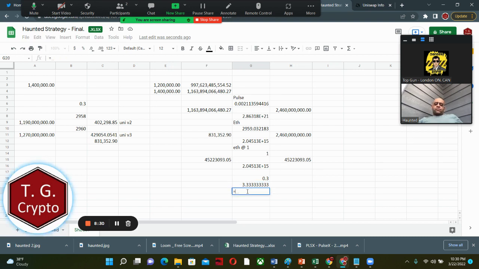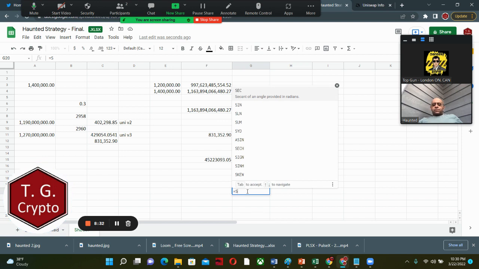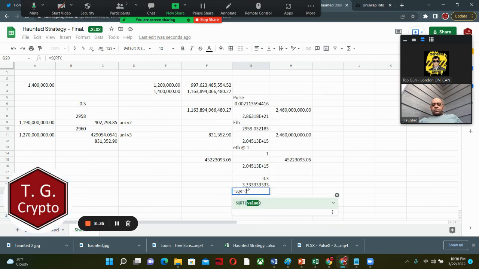Now, if we take the square root function and apply it to this, this is actually the difference we need in the pool sizes.